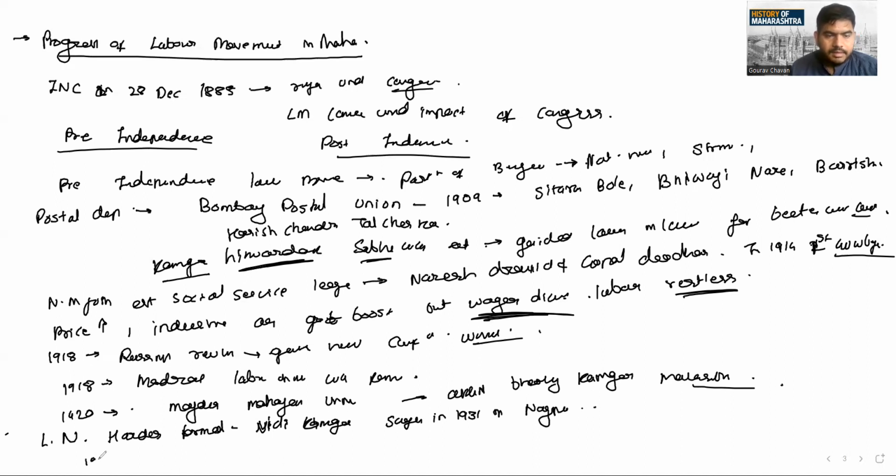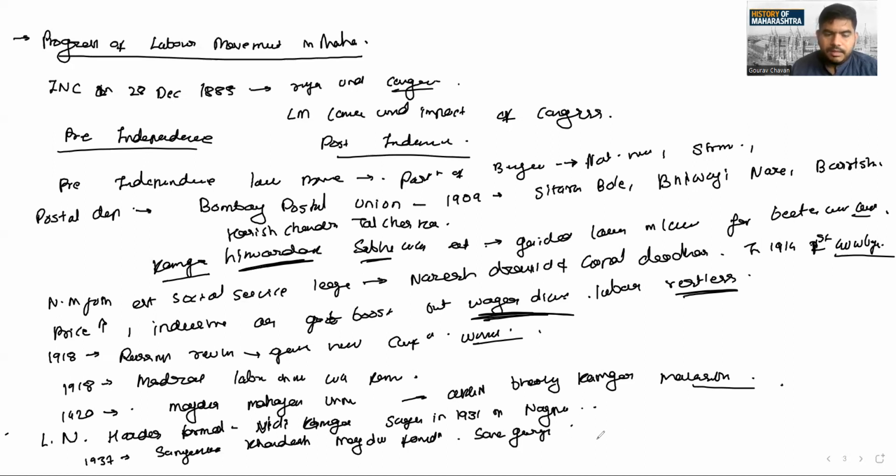In 1937, the Sanyukta Khandesh Mazdoor Foundation was established by Sane Guruji.